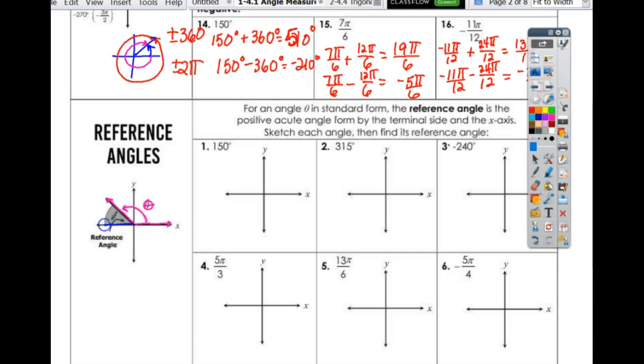And that's your alpha, and that's the reference angle. So the one thing about this is it's always positive. Even if it's backwards, the reference angle is always positive.